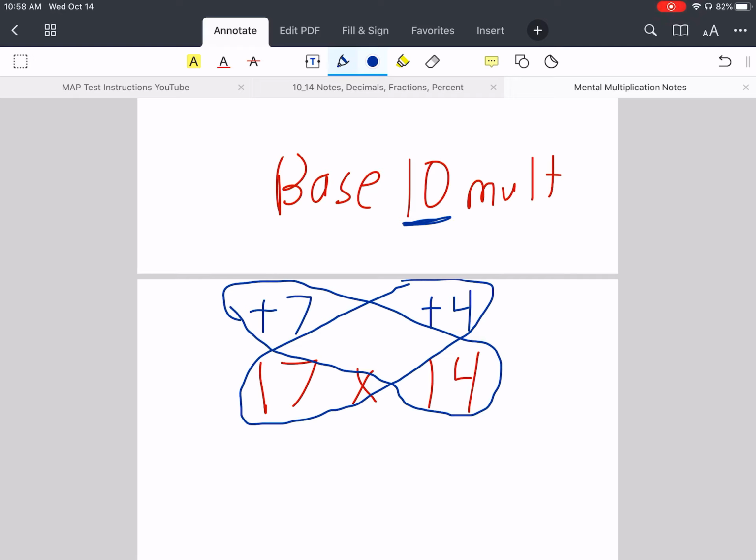So you can tell that both of these would add up to 21. You don't need to cross add both times, but this is just to prove that you will have the same answer. 7 plus 14 is 21. 17 plus 4 is 21. So I'm going to write down the number 21, and I'm going to mentally multiply that by 10.